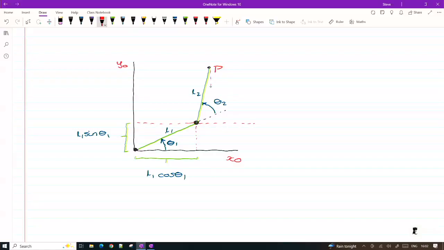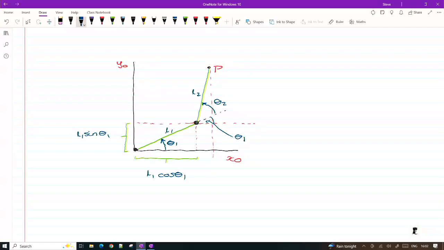I've drawn this badly. So that angle I've just pointed to there is... That is going so well.